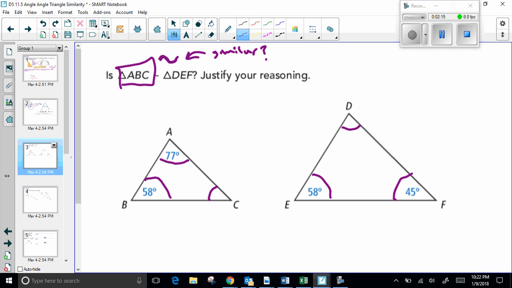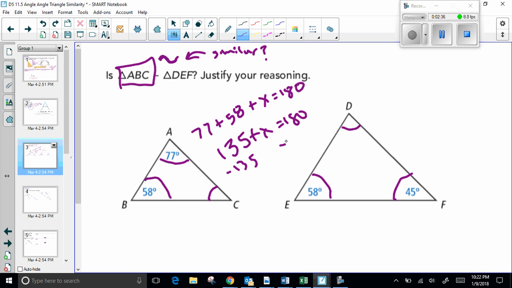What I will do is I'll just find that third angle. So I've got 77 plus 58 plus something equals 180. 77 plus 58, that makes 135, plus x equals 180. Then I subtract 135 on both sides. See how we're working some algebra in here? This is pretty exciting, right?